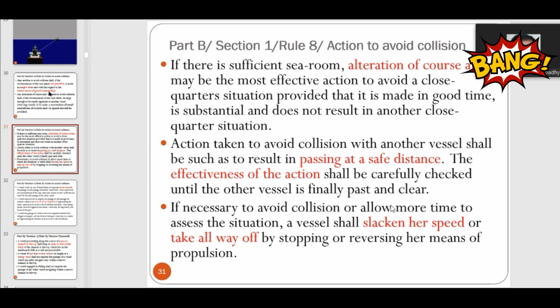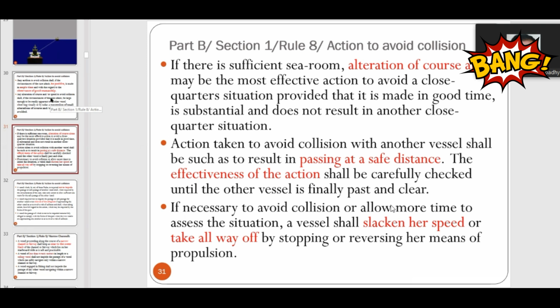Therefore, the practice should be that the moment you see a target, whether on the radar or visually, your first primary duty is to check that target. If you're using radar, keep changing the range scale and find out so that you are actually tracking it. It will help later on. This sort of confusion will not come.